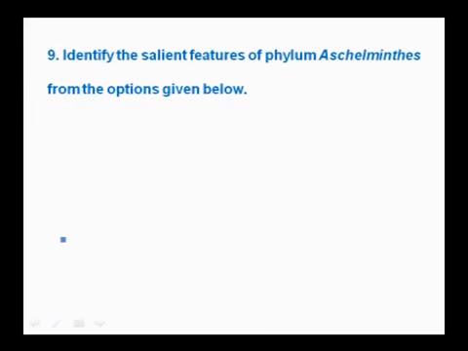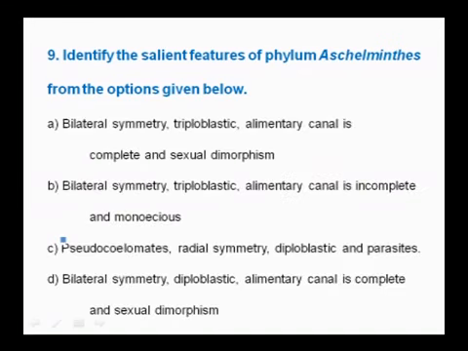Next one, identify the salient features of Aschelminthes from the options given below. You can see bilateral symmetry, triploblastic, alimentary canal complete and sexual dimorphism. Here the right option is B. The simple reason: bilateral symmetry, that is, the body can be divided into 2 equal halves through only 1 plane.